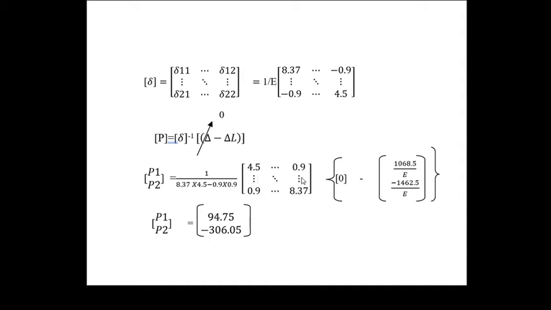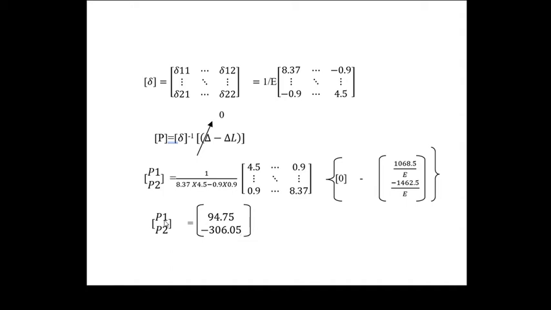Therefore, we multiply 4.5 into 1068.5, that gives the value 94.75. Then 0.9 into this value, 8.37 into this value, divided by the determinant gives minus 306.05.